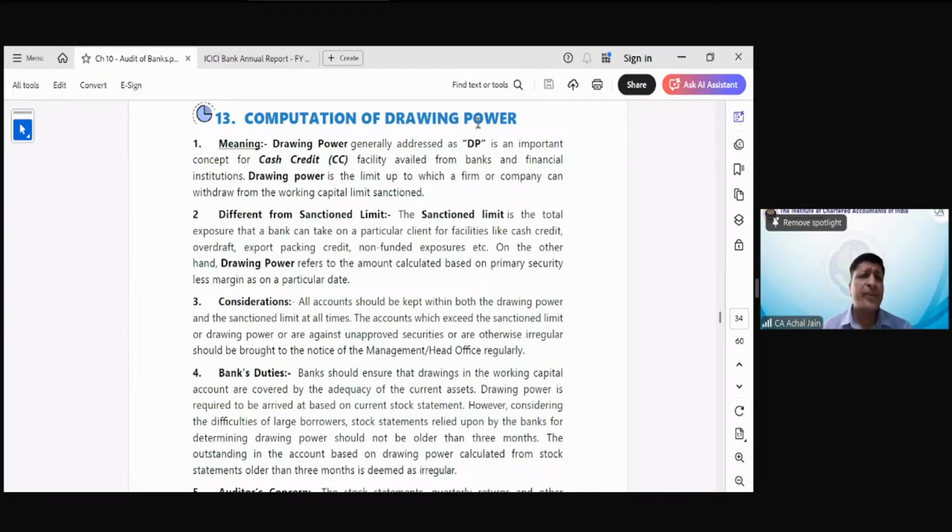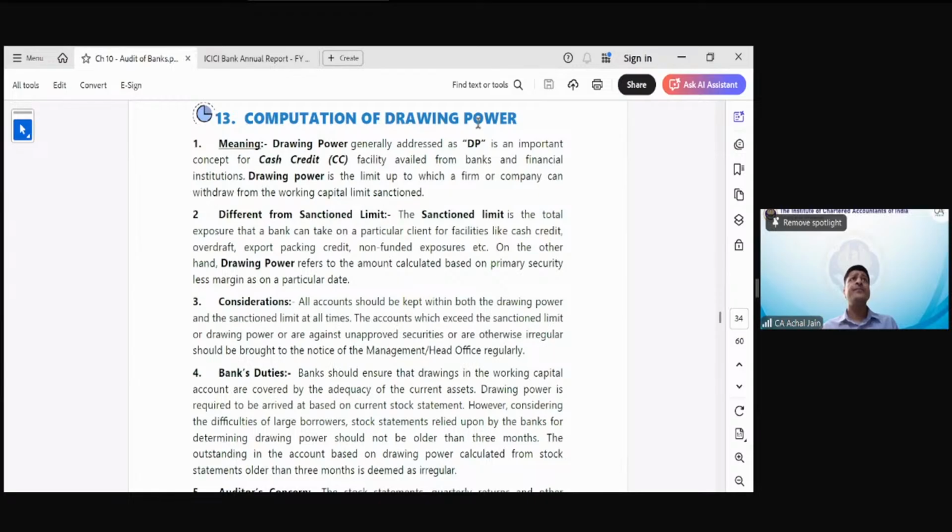So how is it different from the sanctioned limit? Sanctioned limit is the total exposure that a bank can take on a particular client for facilities like cash credit, overdraft, export packing credit, non-funded exposures. Whereas drawing power refers to the amount calculated based on some factors on a particular date.